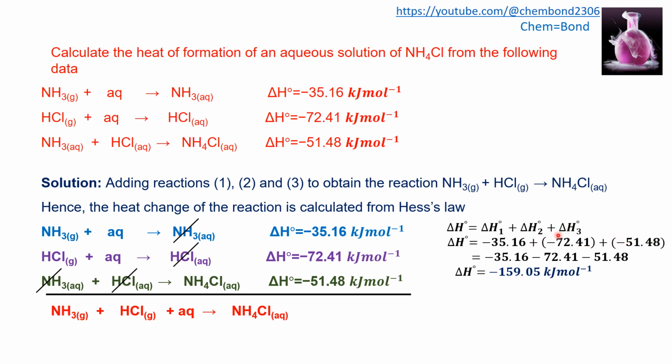All these values have minus signs, and we will sum them up, which will produce minus 159.05. So minus 159.05 kilojoule is the heat or enthalpy change when aqueous ammonium chloride is formed.